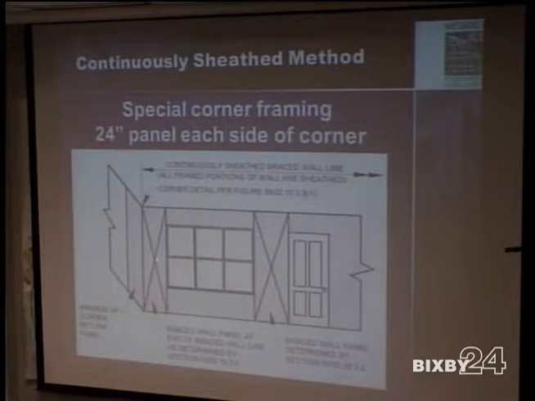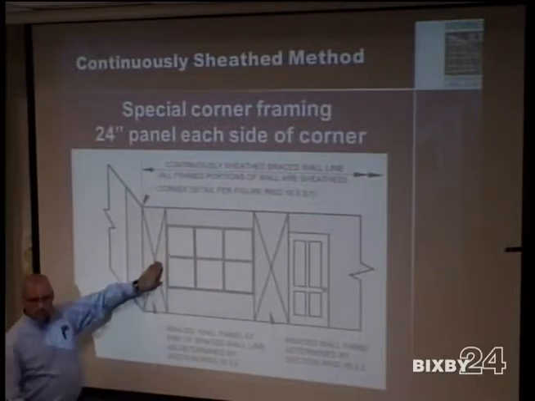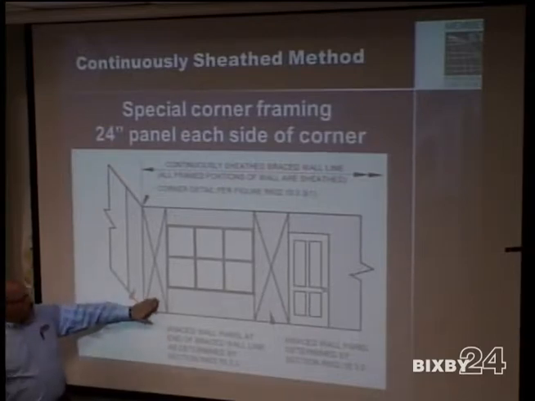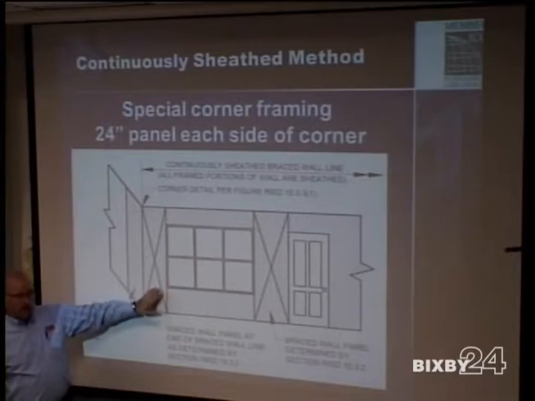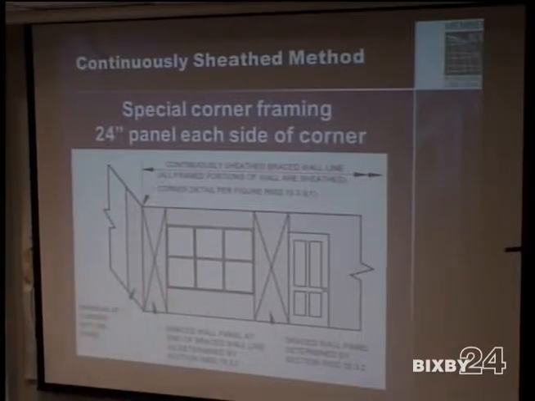If that 24 inches qualifies as a braced wall panel, say it's an 8-foot plate height here, all you needed was less than a 64-inch opening here, 24 inches was required there, or the minimum that it could be. So in this case, 24 inches would count as a braced wall panel. Always keep in mind that if you want to count this as a braced wall panel, it has to fall within those guidelines on that sheet.